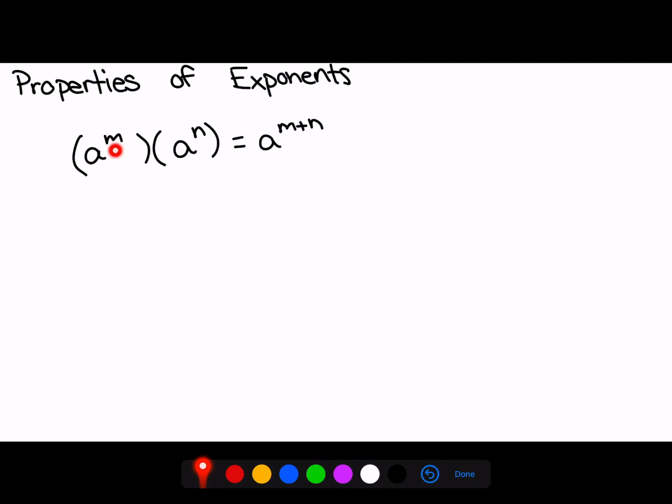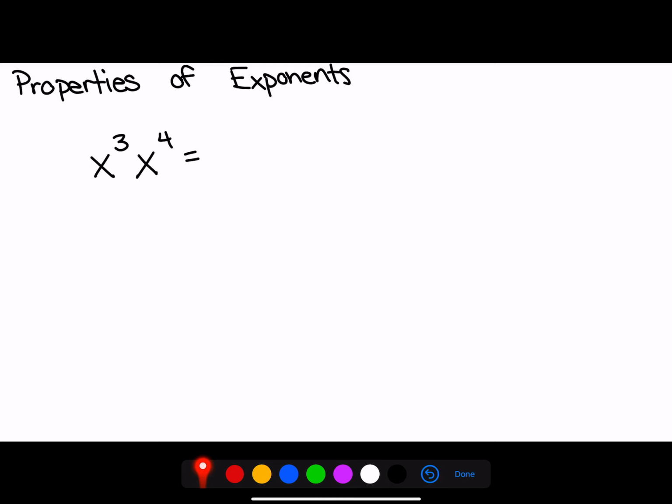So, a to the m power times a to the n power is the same as a to the m plus n power. That's all it is. For instance, here we have x to the third times x to the fourth. Well, as we can see, they have the same base. They both have the base x. So, therefore, I can just add these exponents, 3 and 4. So, our answer would actually be x to the 7th power here, because, again, I'm just adding these two because we're multiplying.